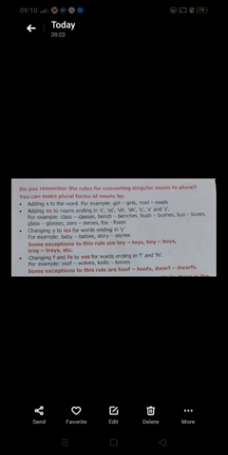The next rule is changing y to ies for words ending in y. Children, when the spelling ends with y, then we make the plural by adding ies. For example, baby.